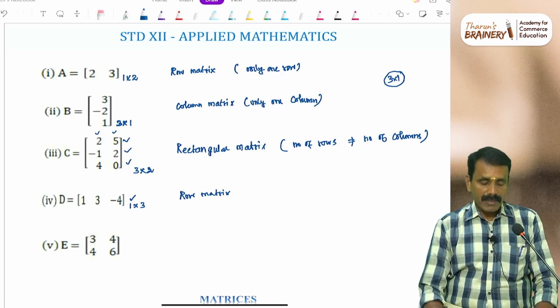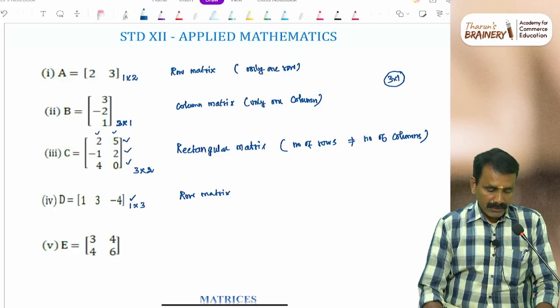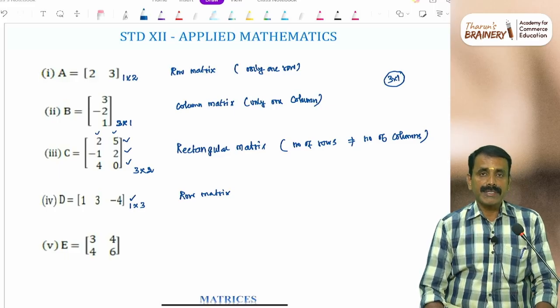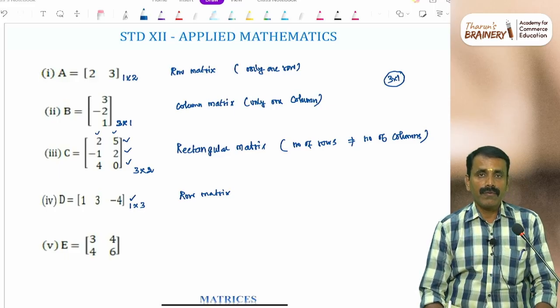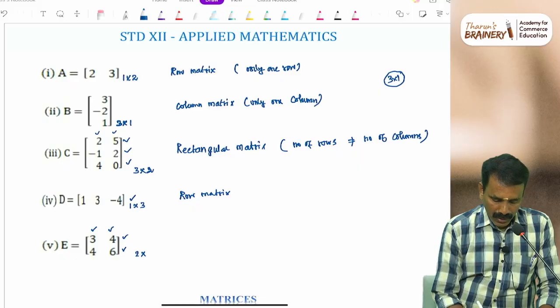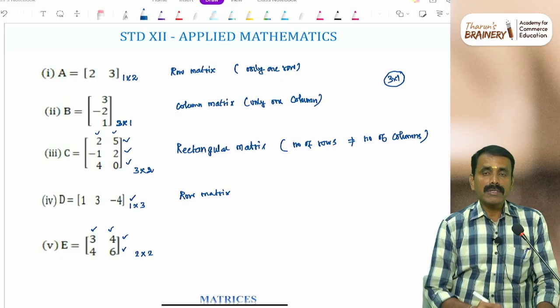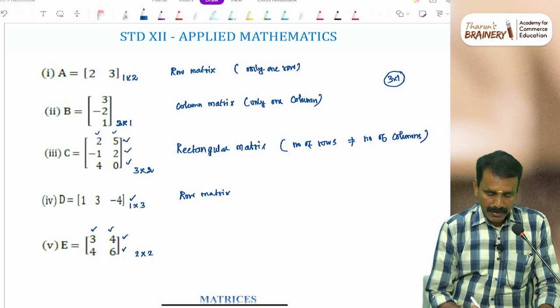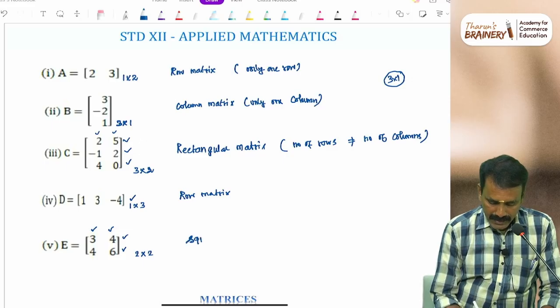Now, the fifth subdivision, E is equal to [3, 4; 4, 6]. Now, count the number of rows, 1, 2. So, 2 rows, and 2 columns. So, what is the type of the matrix? It is a square matrix.